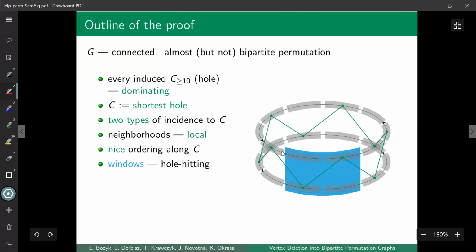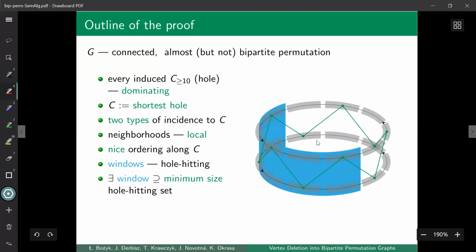What is more, we can say that the minimum hole hitting set, so the set of vertices we need to remove to get rid of all the remaining long holes in our graph, is actually contained within a local frame as well.